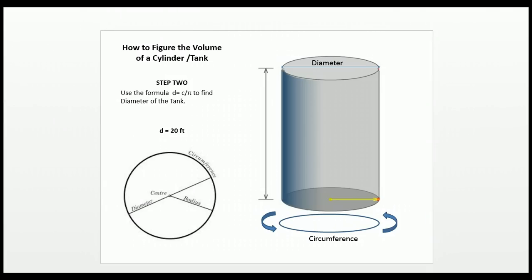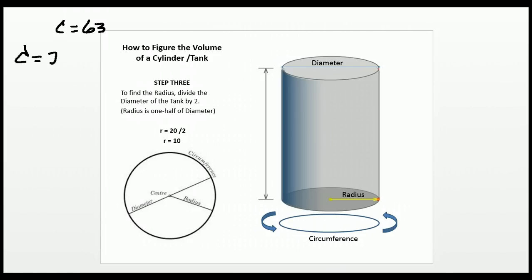Now the next step, we're going to figure out the radius. We had the circumference equal to 63, and that helped us determine the diameter. So with the diameter being 20, the radius is half of the diameter.